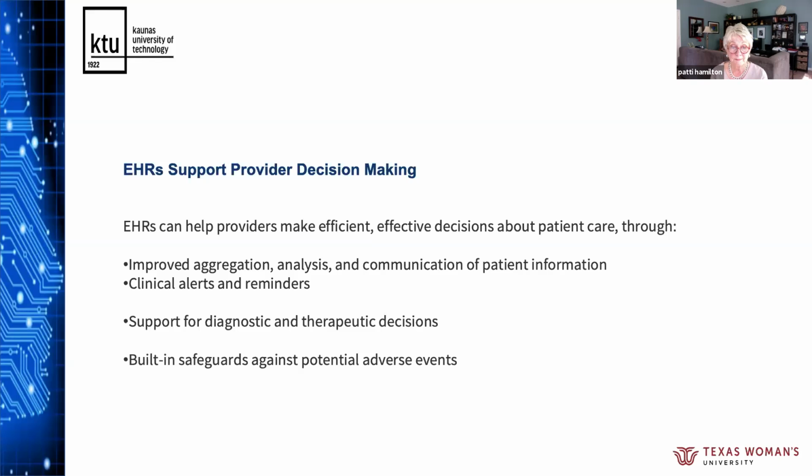And safeguards against potential adverse events. There are ways that we cannot move forward on a particular task or item until we have done the preceding preventive kinds of work that will keep us from having an adverse event.